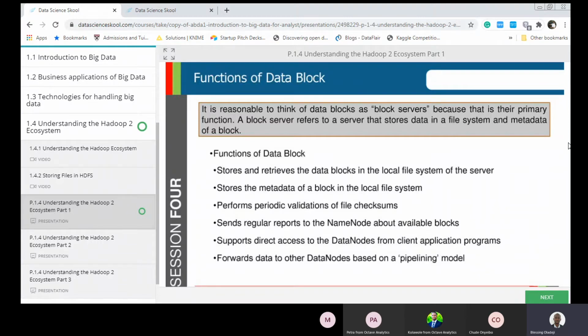Remember, we did a training for Shell, and they gave us access to some of the data we used for that training: seismic data that they generate from their oil and gas business. One single file from the location they gave us was about 300 gigabytes.